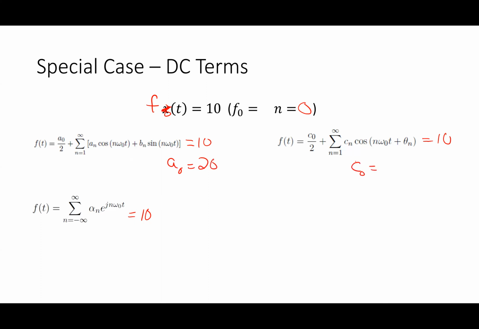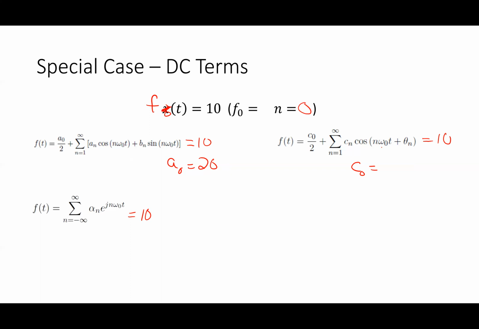What's C_0 equal to? Looking at this form of the series, what would that be? A_0 was 20.